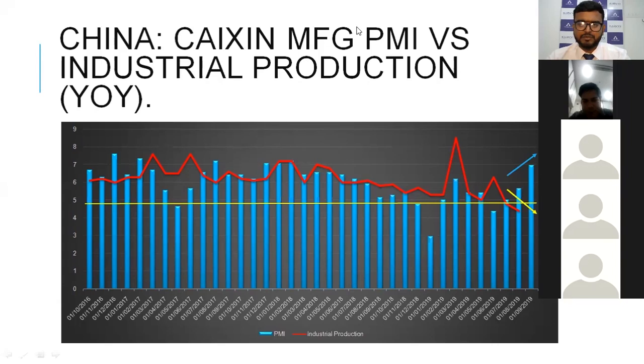It was never the situation that China's industrial production was below 5% before the trade war. So this trade war signifies that there is a definite fall in industrial production as well. Although we have seen a sharp uptick in the PMI numbers, the growth of that uptick is very slow. That signifies that this uptick will not stay for long. That indicates that it will come down very soon. So this is from China.